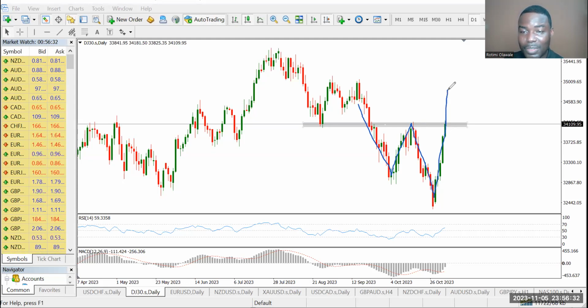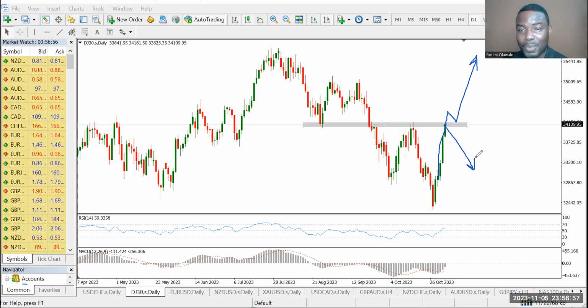Price could break out above this level. Price could just break out, retest, and continue in the bullish direction, or that resistance level could hold and price turns in the bearish direction. Those are the two possibilities on this instrument.